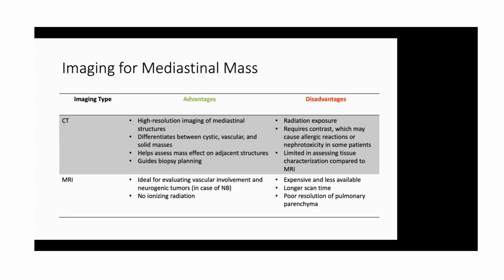It has a longer scan time, and especially if you're dealing with a life-threatening emergency situation, your choice will favor CT rather than MRI. And in MRI, we have poor resolution for pulmonary parenchyma. So whenever you have an emergency situation, it would be better to do initially X-ray and then CT.